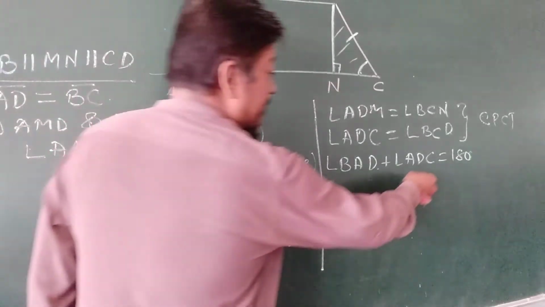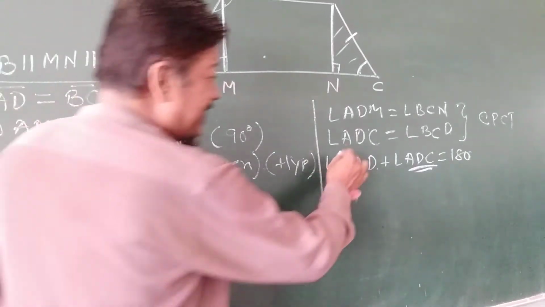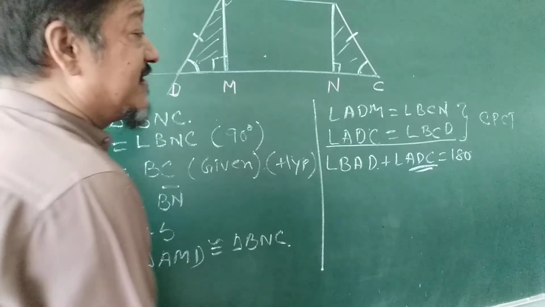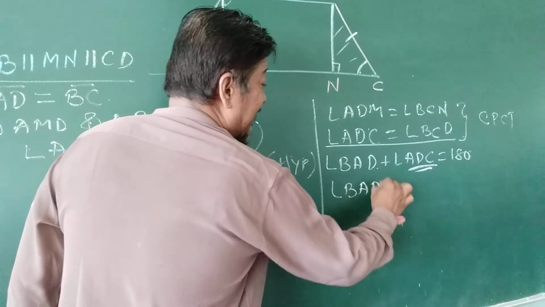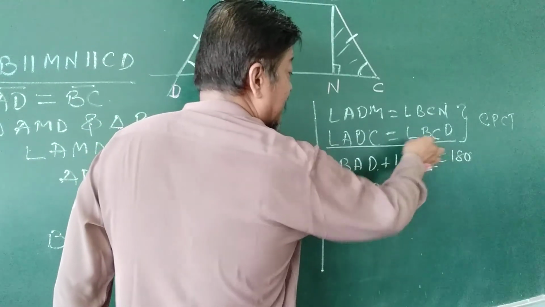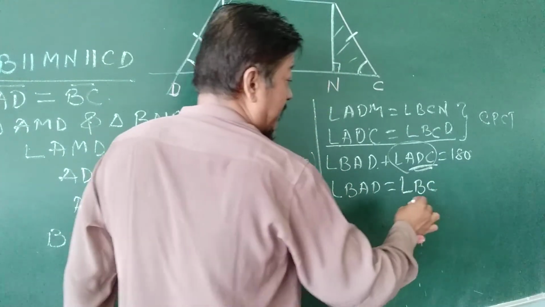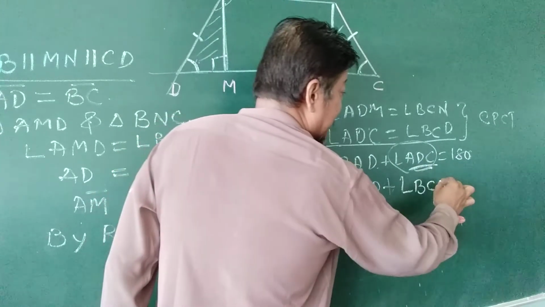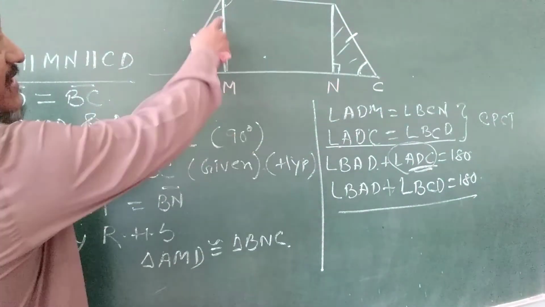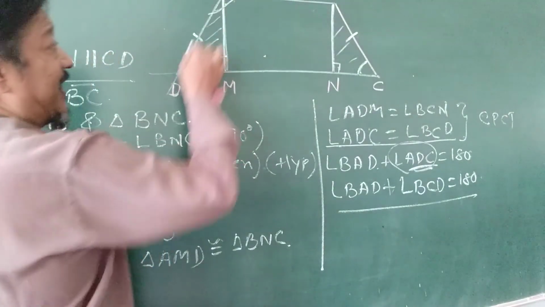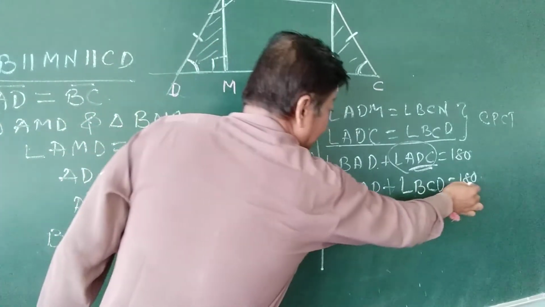Now ADC is equal to BCD, as shown before. Hence, instead of ADC, I am writing BCD: angle BAD plus angle BCD is equal to 180 degrees. Hence we can say that angle A, meaning BAD, and angle C, which is BCD, the sum of these two is 180 degrees.